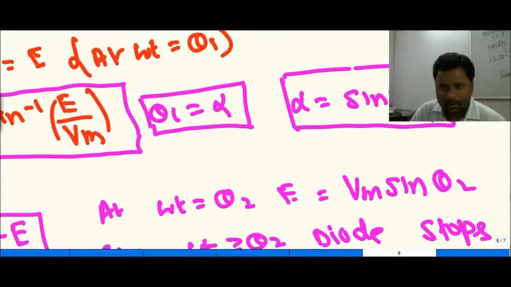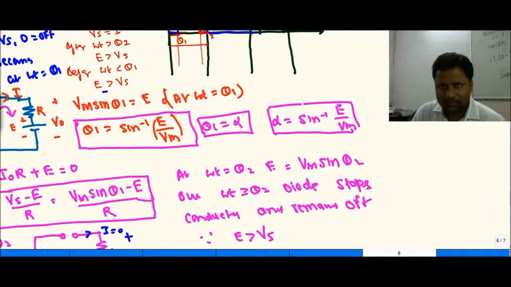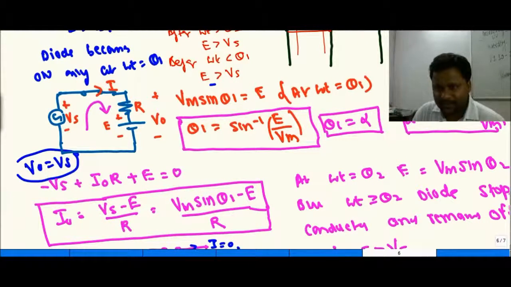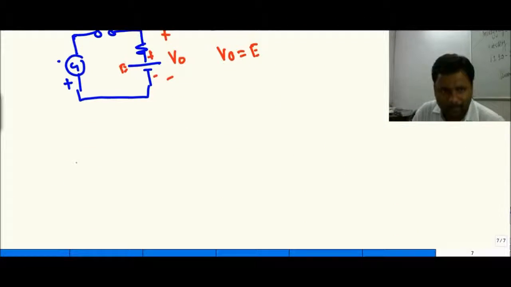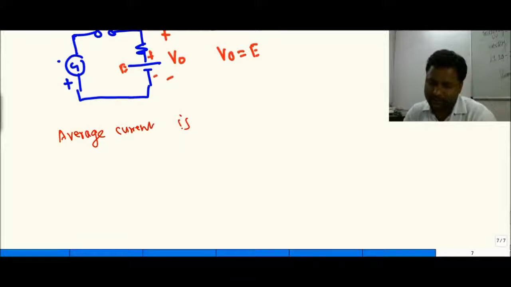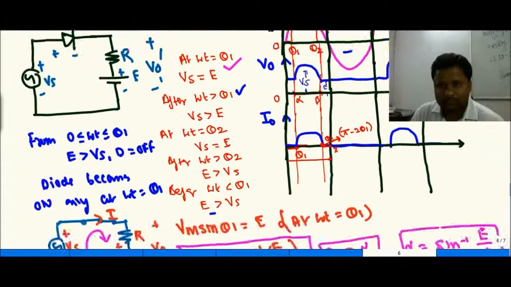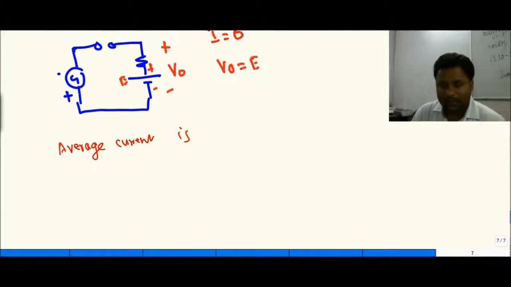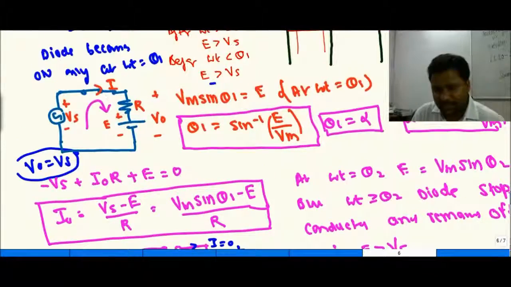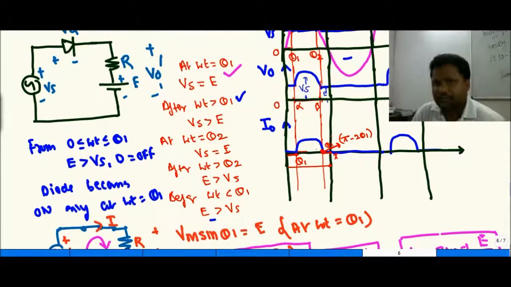So the expression of the average current should be like this. I think there is some problem that I can understand. It should be pi, and it should be pi minus theta 1.